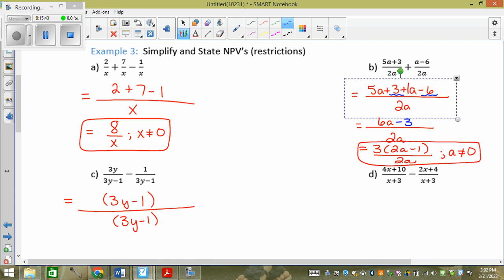They're the same, but before I cancel, I slap my hand and I say, do the restrictions. So 3y minus 1 can't equal 0. 3y can't equal 1. Divide by 3. So y can't equal 1/3.